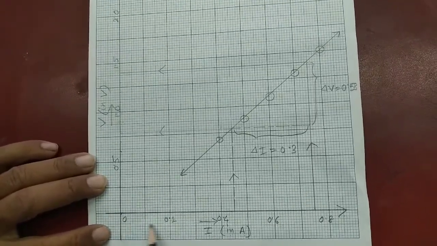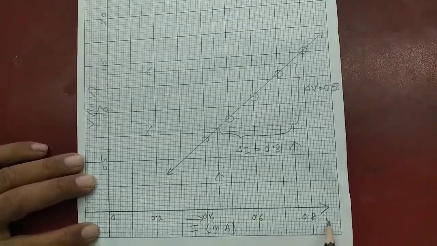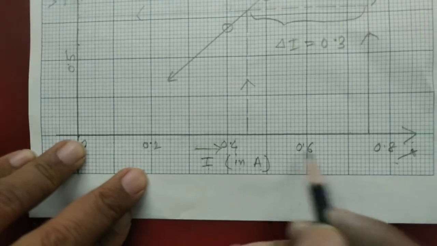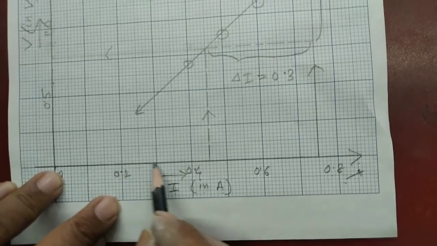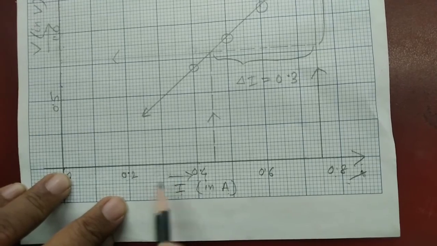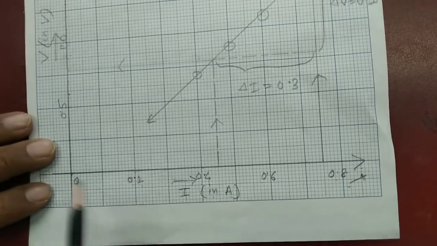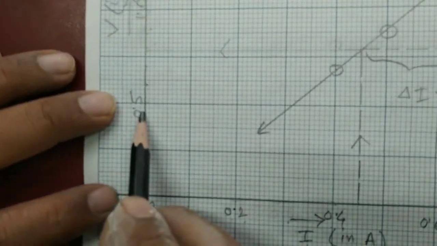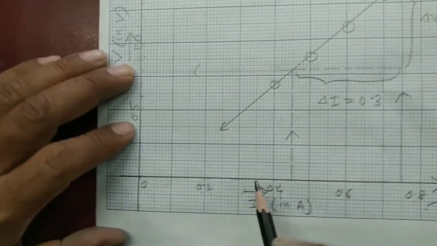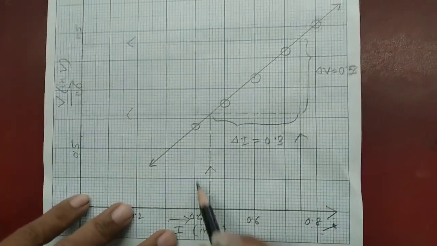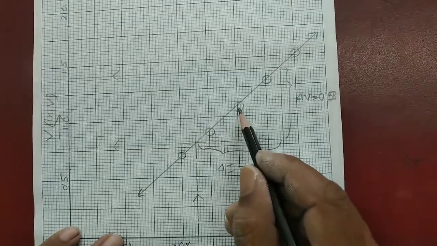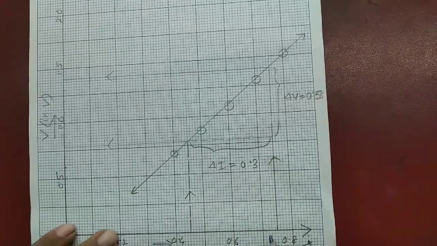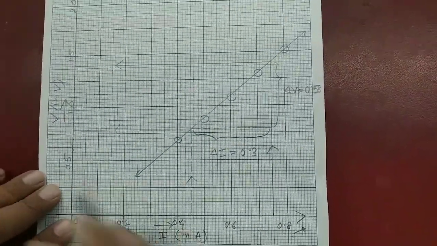Along the x-axis we have marked 0.2, 0.4, 0.6, 0.8, keeping 20 divisions as 0.2, meaning 10 divisions as 0.1. Along the y-axis we have taken 20 divisions as 0.5. When we plot all these observations, we see there are 5 points corresponding to the values of ammeter and voltmeter.